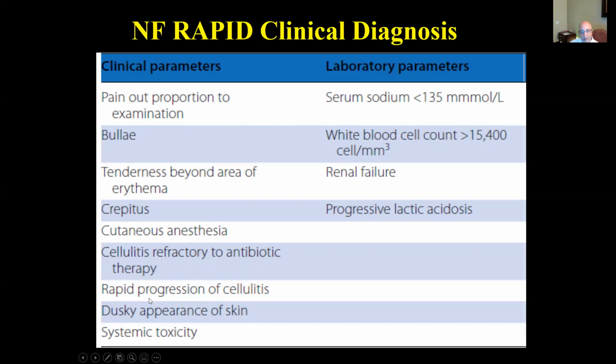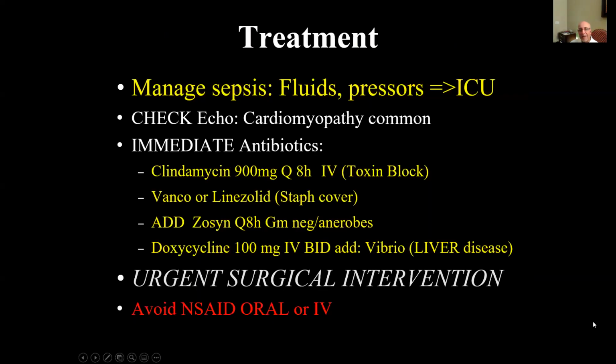The patient rapidly progresses to septic shock and systemic toxicity, and the skin appears dusky. In the lab evaluation, look for hyponatremia. White cell count may be normal with significant anemia. There's often renal failure and coagulopathy, and most important, the lactic acid is markedly elevated.